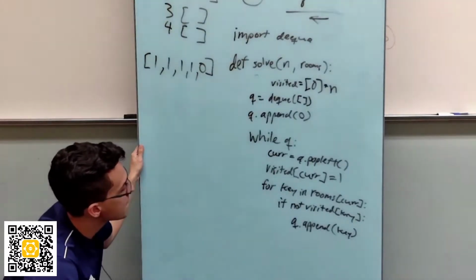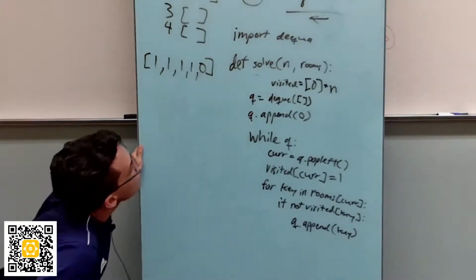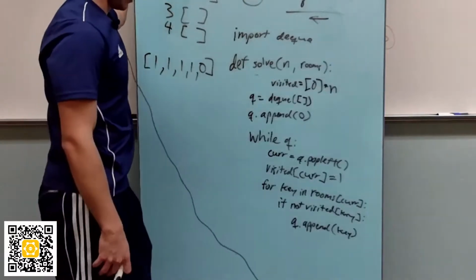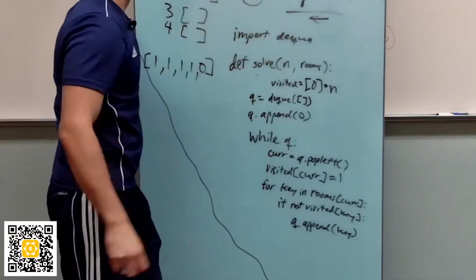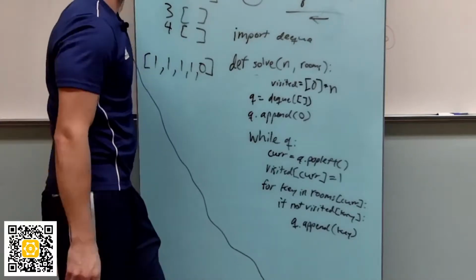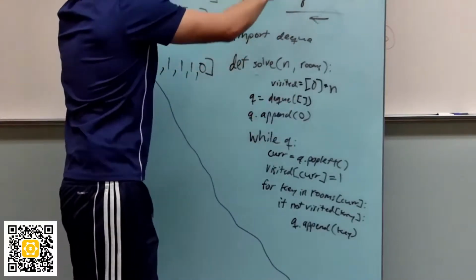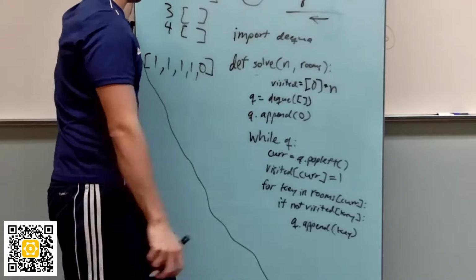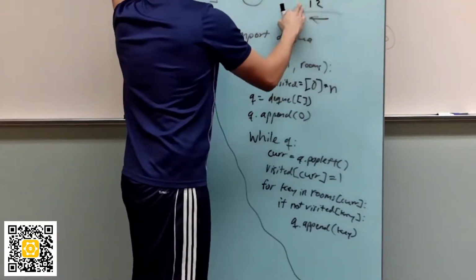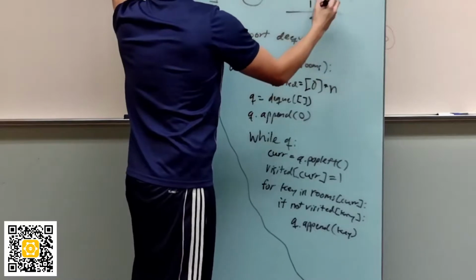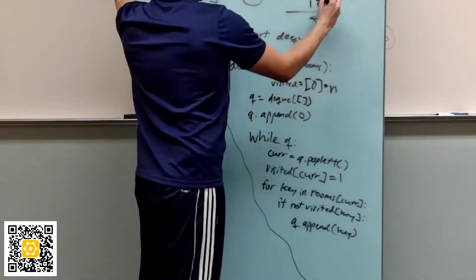So actually, I'm curious. Is this going to be appended twice? It's going to be 0, 1, 2, and then 1 is adjacent to 0, but we didn't mark 2 as visited, so we added 2 again.